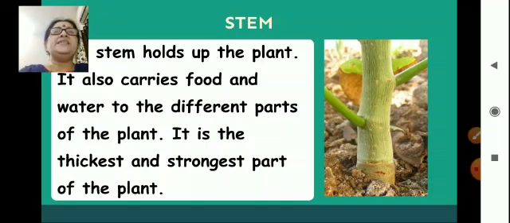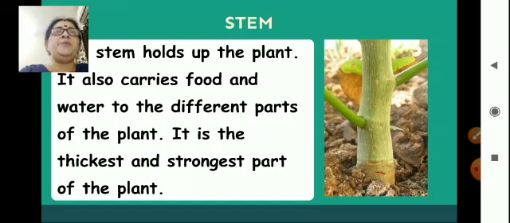Second one is stem. The stem holds up the plant. It also carries food and water to the different parts of the plant. It is the thickest and strongest part of the plant.